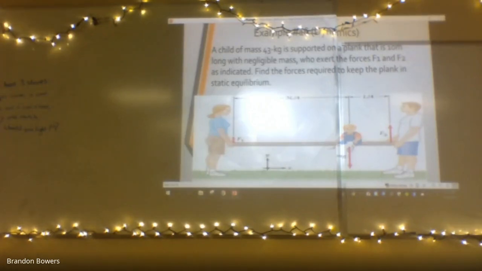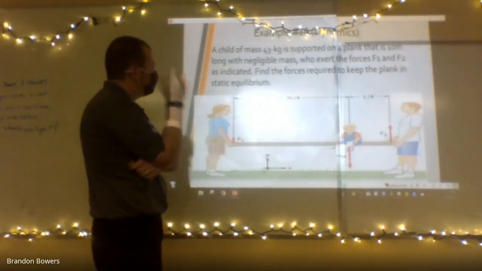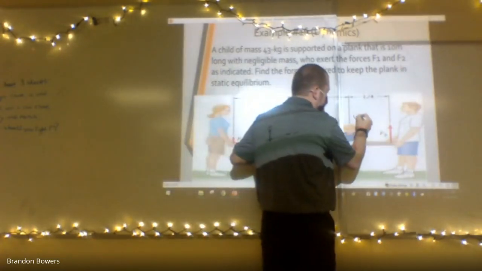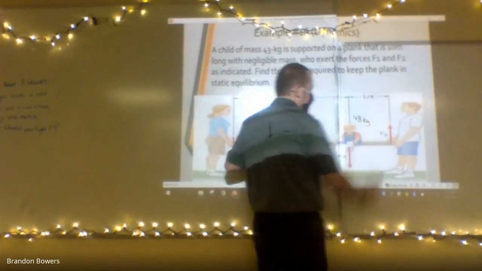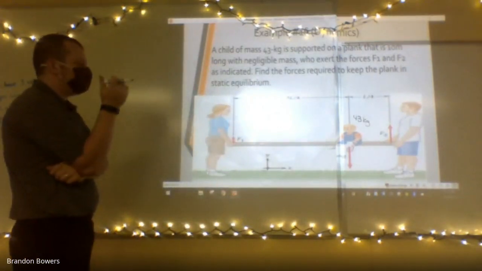A child with a mass of 43 kilograms is supported on a plank that is 10 meters long. Okay, let's start there. The mass of the kid is 43 kilograms. The plank is 10 meters.